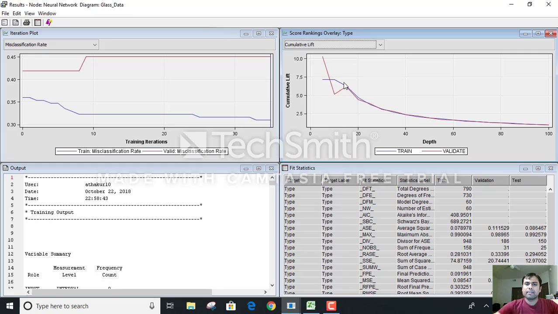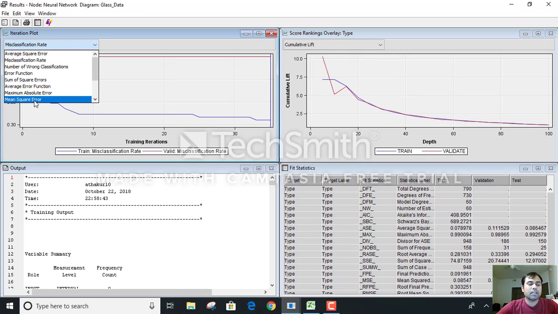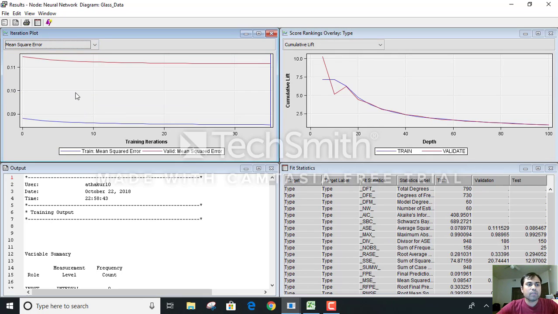The more the area between the lift curve and the baseline, the better the model will be. Similarly, this explains the concept of misclassification rate. The lower the misclassification rate, the better our model will be. And this is the mean square error, which we use to avoid the absolute error, which is unnecessary.